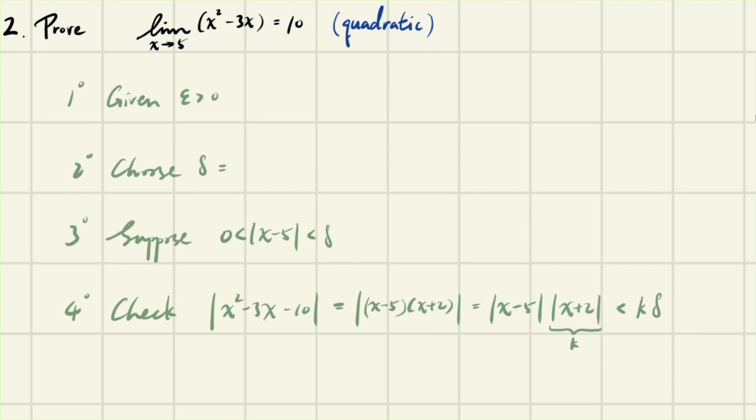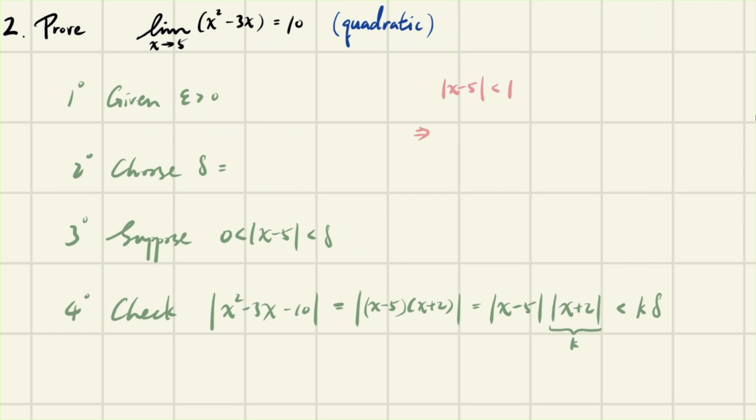We have to make a bubble here. x minus 5, we want it to be close to 5. So we can choose the range, let's say 0.1, 0.01, 0.0001, whatever we want. But here we can just choose smaller than 1, let's say 1 unit.